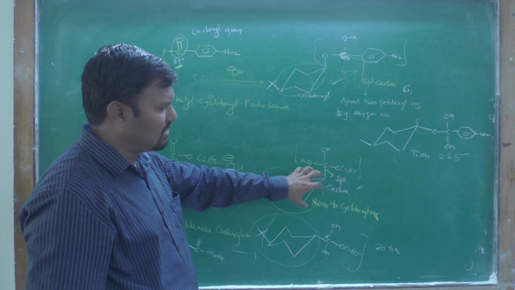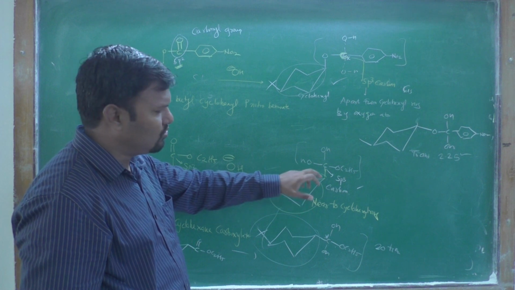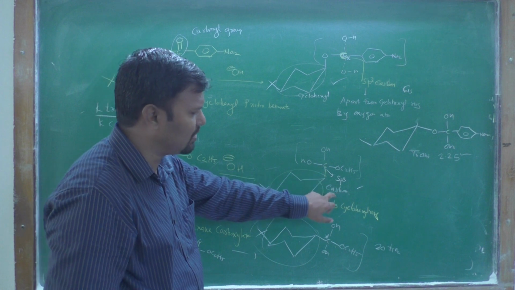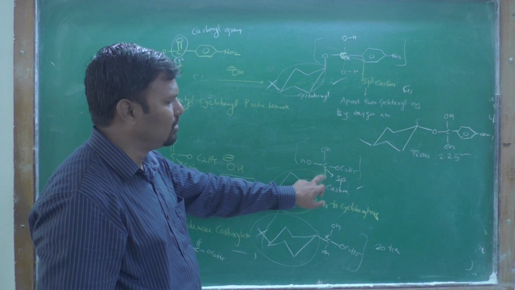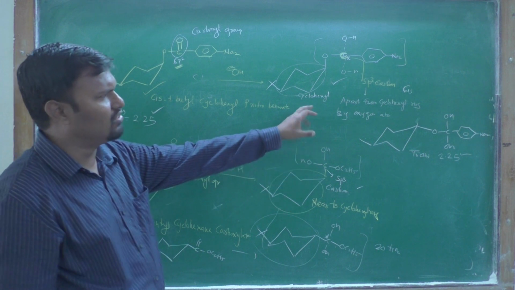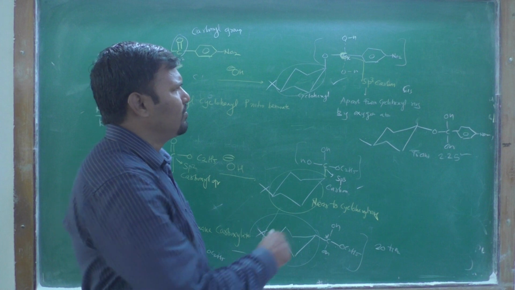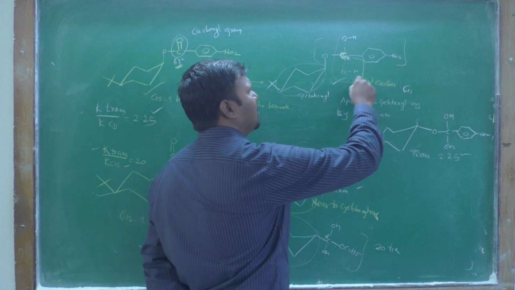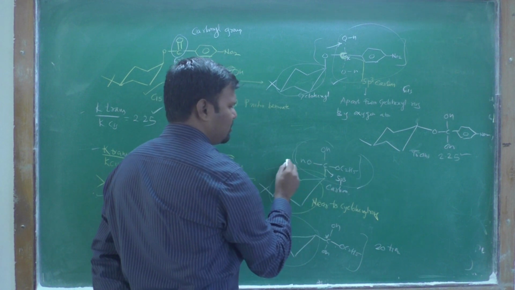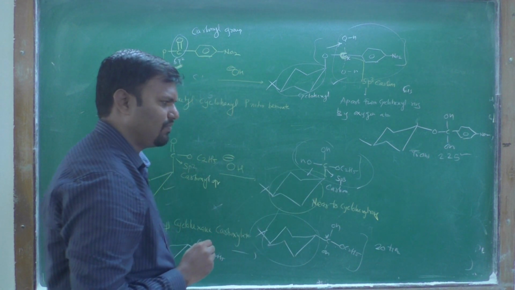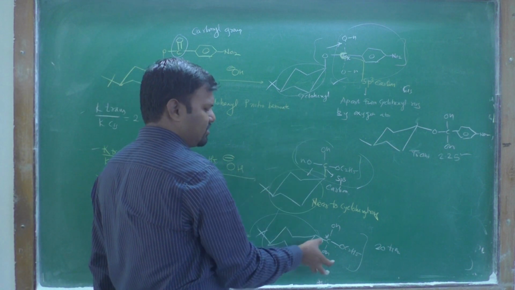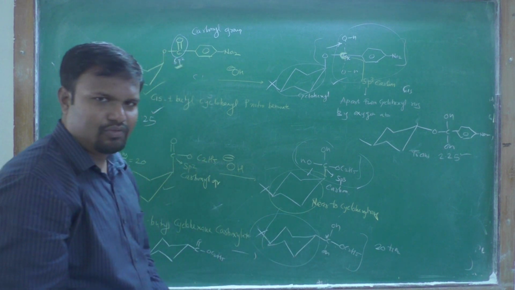In one case the sp3 or tetrahedral carbon is in close vicinity to the cyclohexyl ring, and in the other the tetrahedral group is away from the ring.